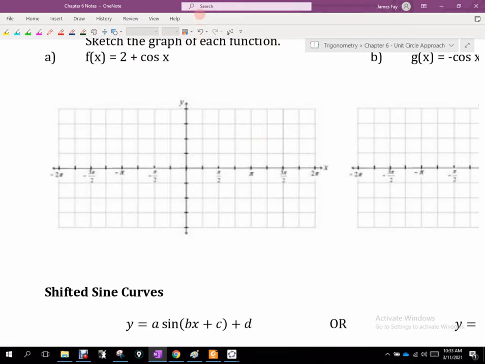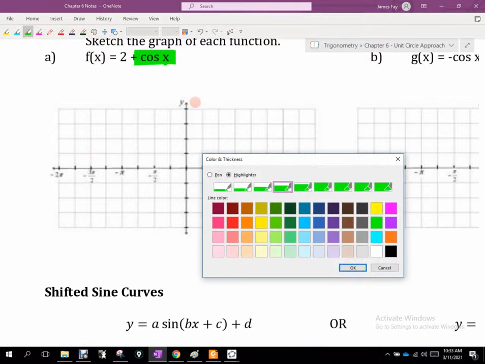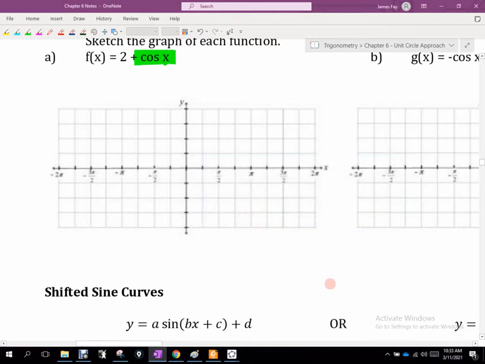Okay, so whenever you see a transformed function, first thing you're going to do is identify the parent function. Parent function is cosine x, right? Okay, and this makes sense, hopefully, because it parallels what we did in college algebra. I'm going to have a predefined set of points that I am comfortable with on every single parent function. So I know the 5 points of the cosine function.